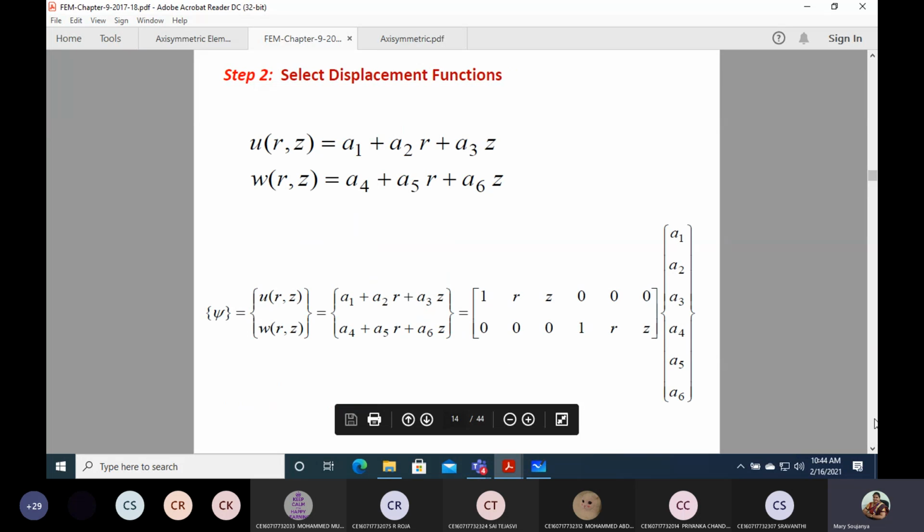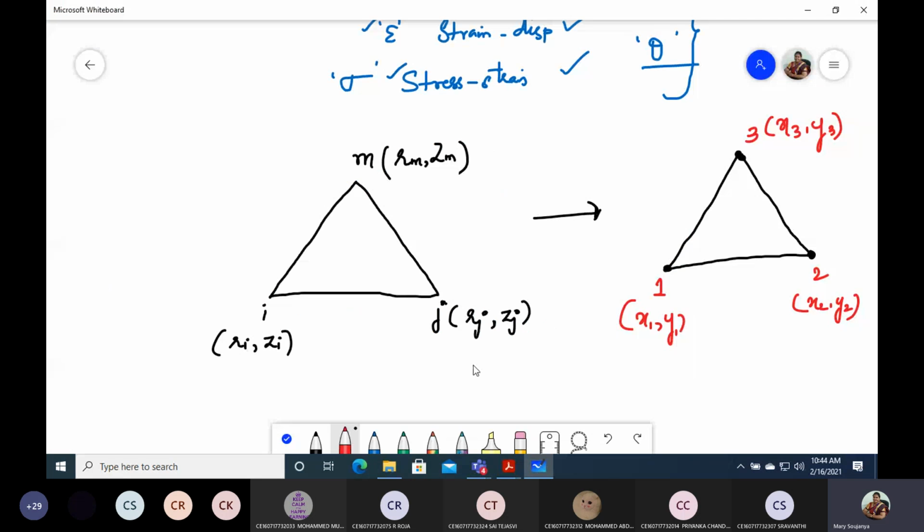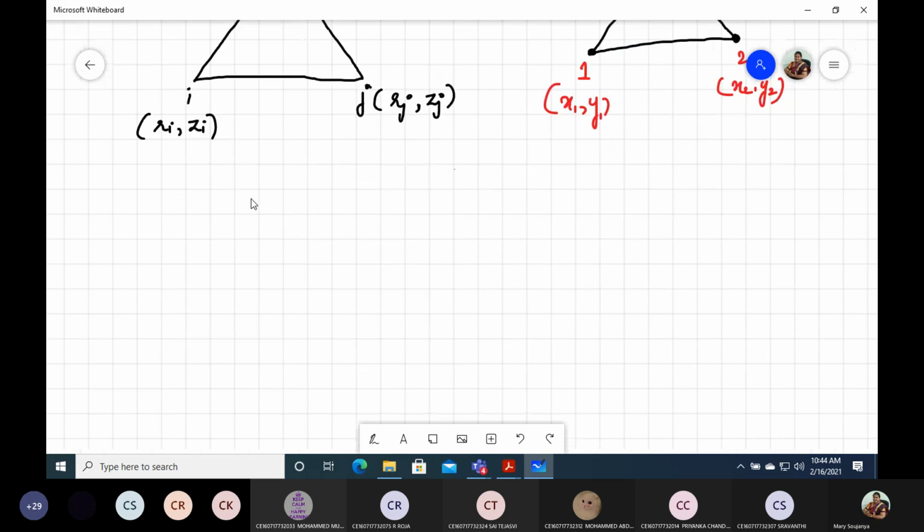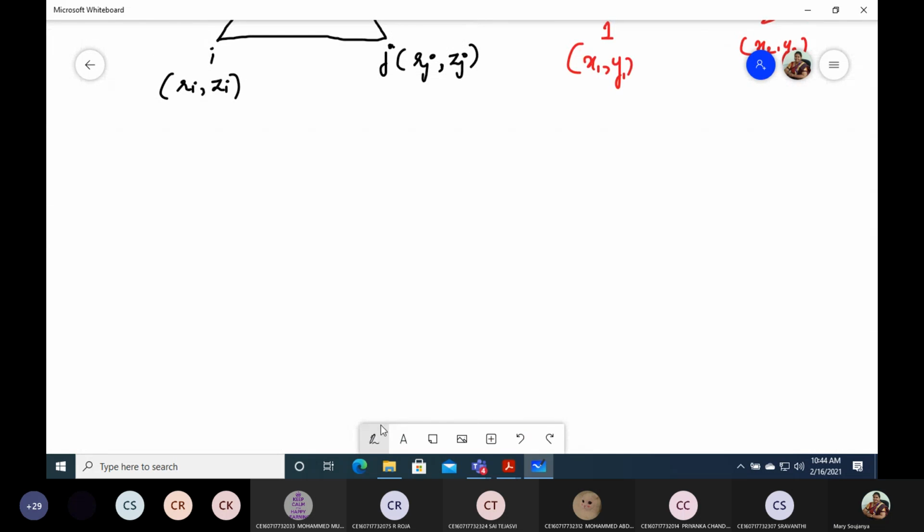Now, if you remember, we took polynomial displacement functions when finding the shape functions. For the CST element, what did we do?